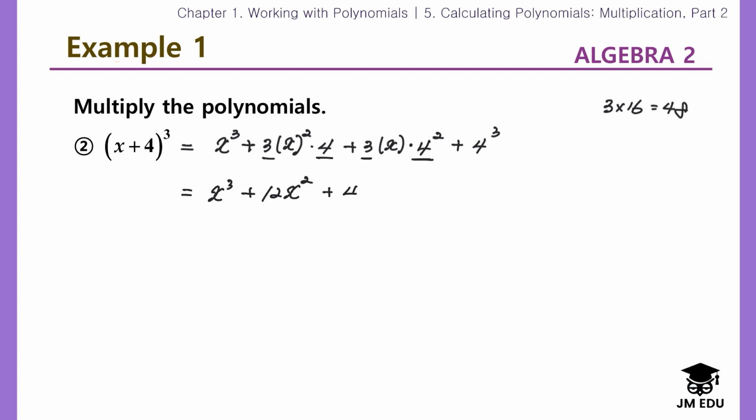So we have 48x plus 4 cubed. 4 cubed is 4 times 16. That's 64, right? So 64.